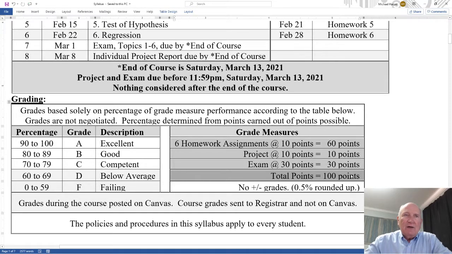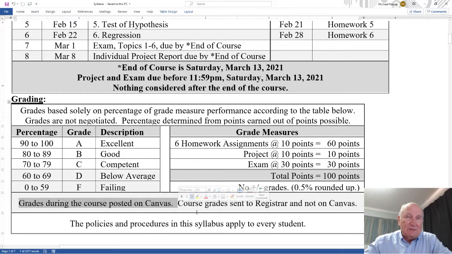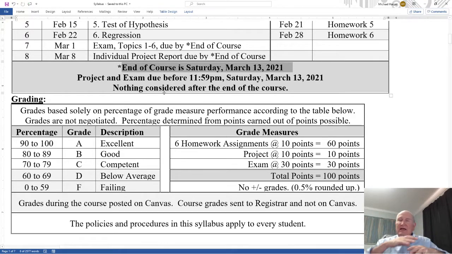Okay. Now, the grades during the semester will be posted on Canvas, and you'll see them in the grade book. Now, the course grades, however, will be sent to the registrar, and they will not be on Canvas. Saturday, March 13th is the end of the course. Sunday, March 14th is when I pull everything down, I grade everything, I send it to the registrar.